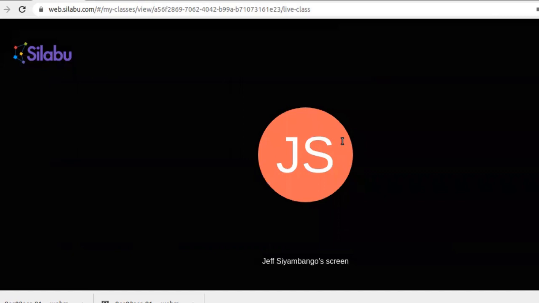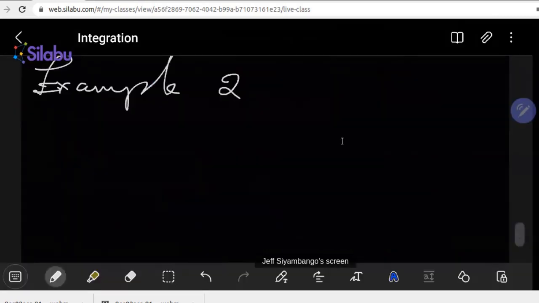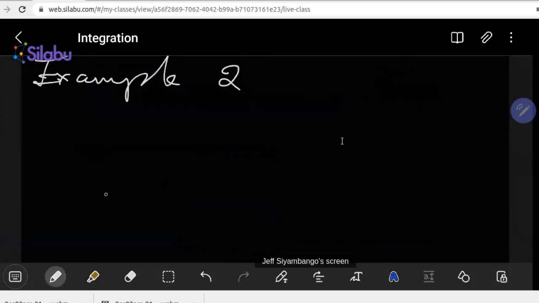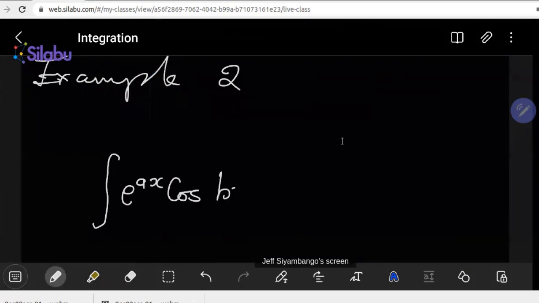Okay, so a good example would be something that we're going to look at towards the very end of our description here. We're going to look at the integral of e^(ax) cos bx dx.